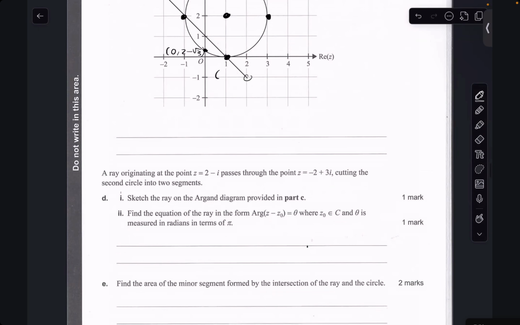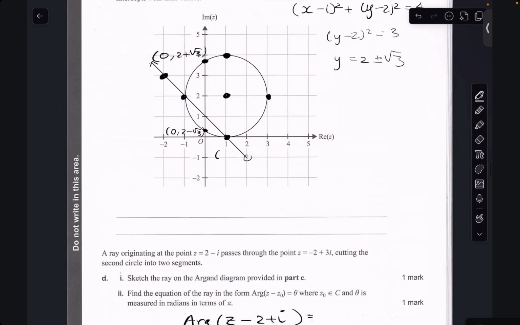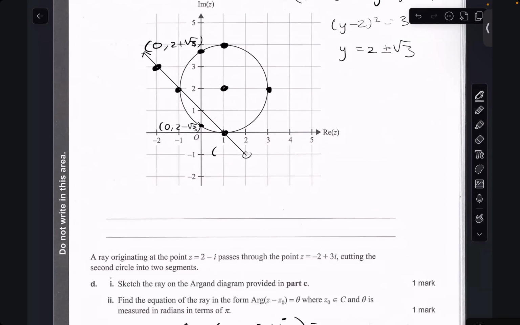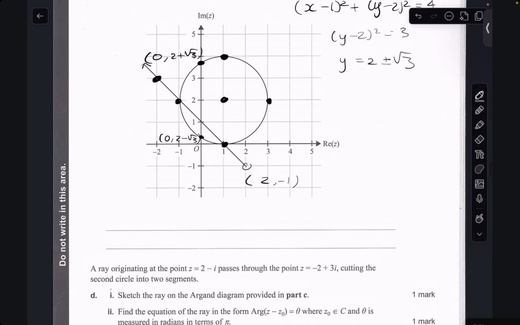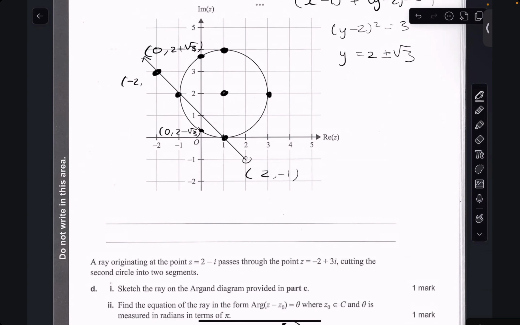So it's definitely arg z minus z0. So it originates at that. So minus 2 plus i. And the theta, so we can find the gradient of this line. So this is 2, negative 1. And this is negative 2, 3.